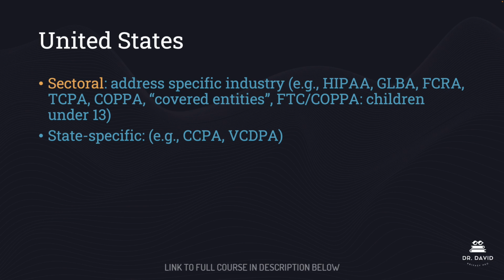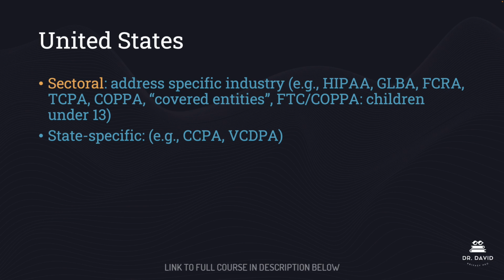Examples that we looked at are healthcare, finance, children's data, telecommunications, etc. And some of the laws that we have already looked at include HIPAA, GLBA, FCRA, TCPA, COPPA. We have looked at the term covered entities, which falls under HIPAA. We've looked at the Federal Trade Commission and its enforcement of COPPA, the Children's Online Privacy Protection Act.